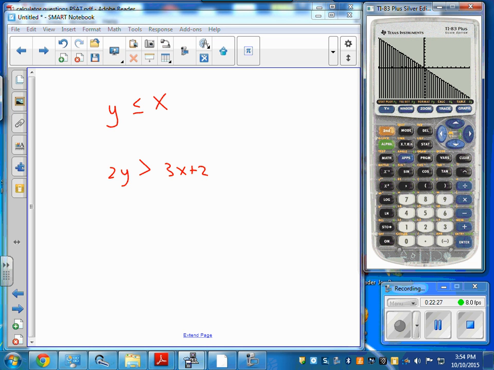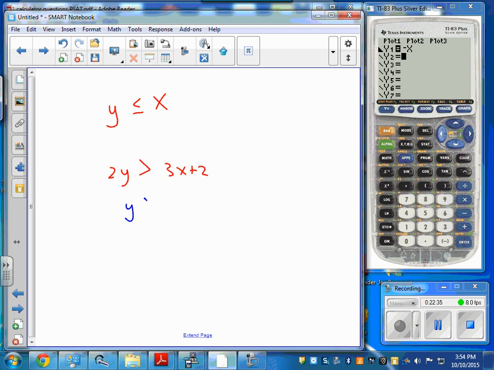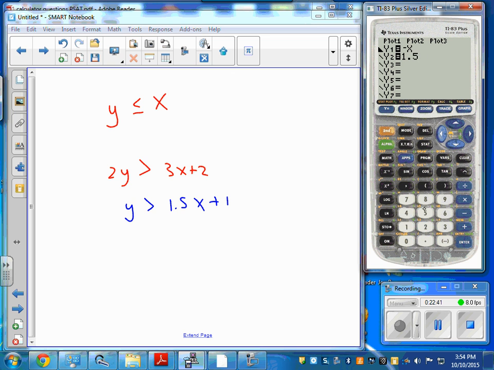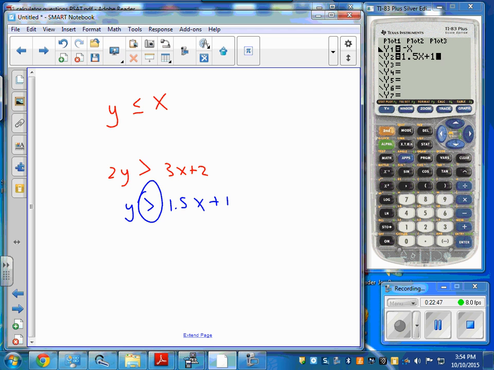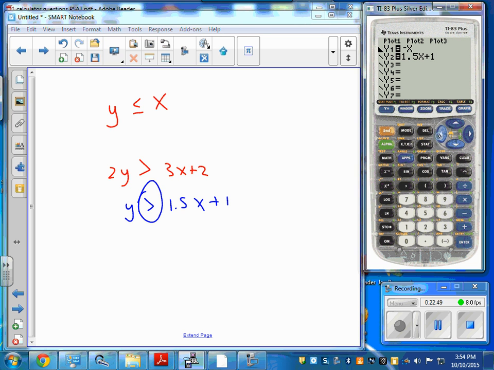That's the first equation. For the second equation, let's see, we've got y is, well, we don't have y, we have 2y. So let's divide by 2. 1.5x plus 1. So I'll enter that in, 1.5x plus 1. But for this one, it says we're supposed to be bigger than. So I have to go above that. And again, let me just go over to my graphing style. Let's see, hit enter. That's bold.